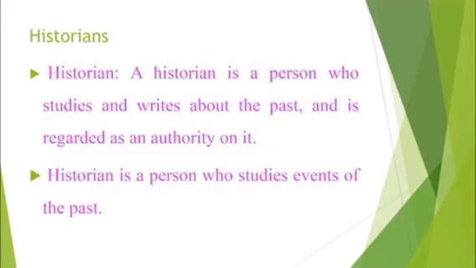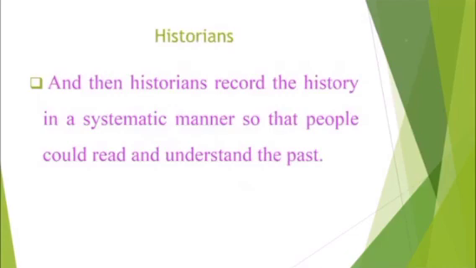Next, we are going to learn about historians. A historian is a person who studies and writes about the past and is regarded as an authority on it. In other words, historian is a person who studies events of the past, and then historians record the history in a systematic manner so that people could read and understand the past.